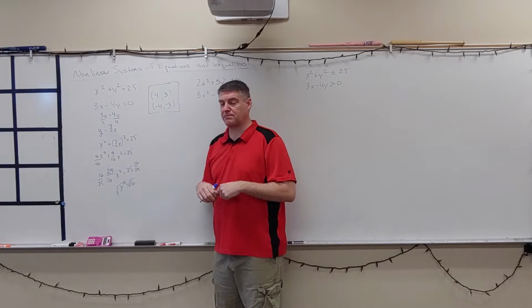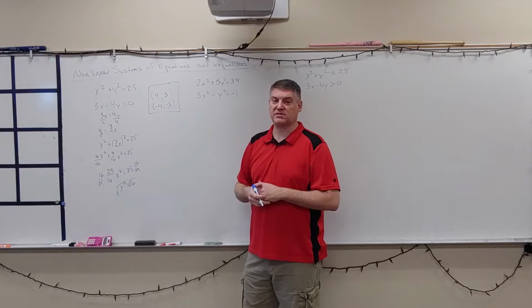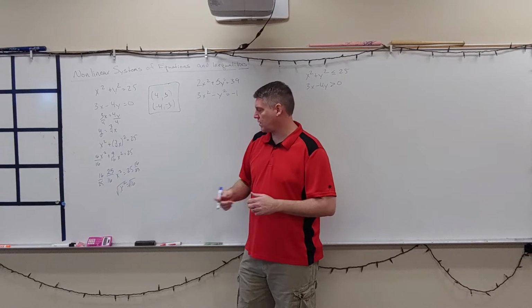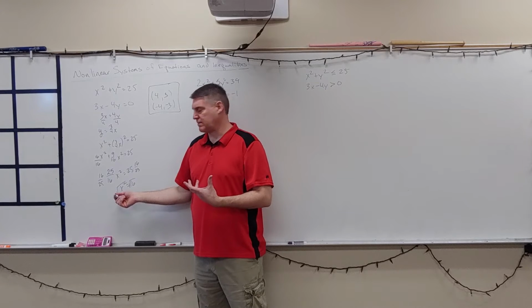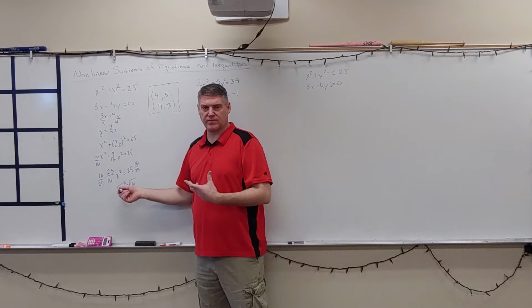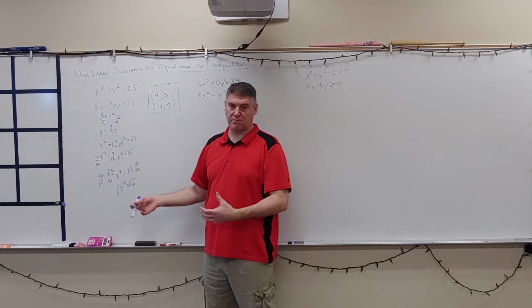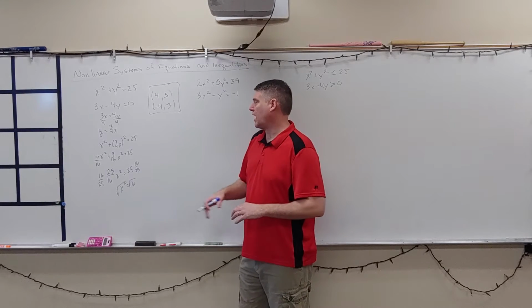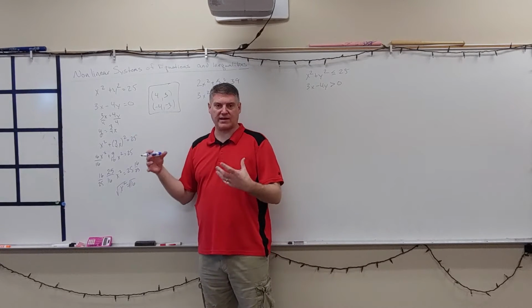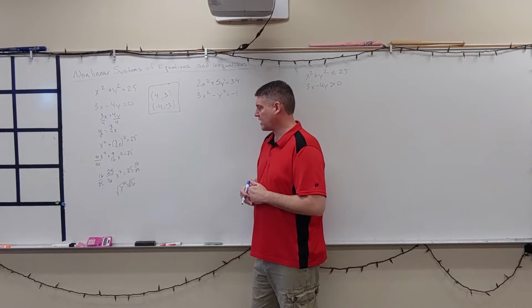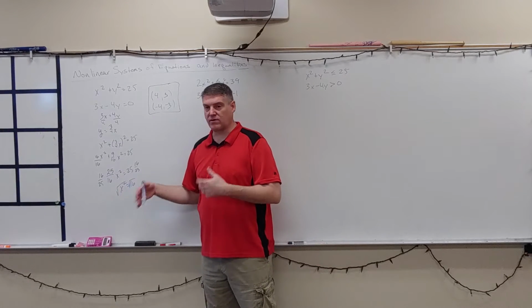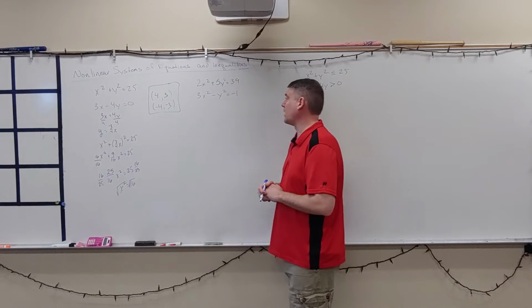Now, what happens if they don't intersect? Well, then you would end up having a problem, like the square root of a negative number, which doesn't exist. And so you'd find that there isn't an x value, okay? It could be at one value also, okay?